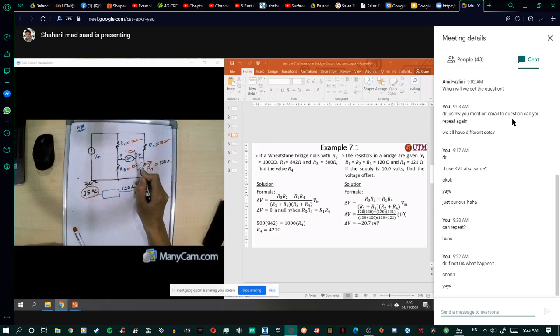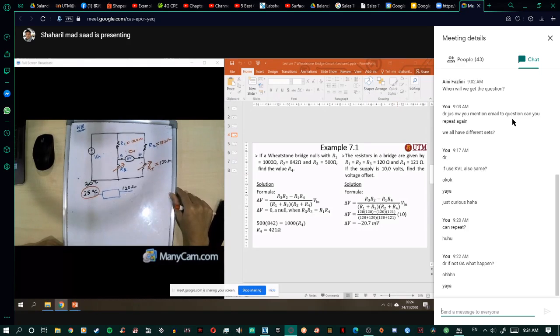So how to do that? You just need to have another variable resistor, like the potentiometer. You remember last time during your lab one in second year, there is what we call a potentiometer that you can use to adjust the resistance value.